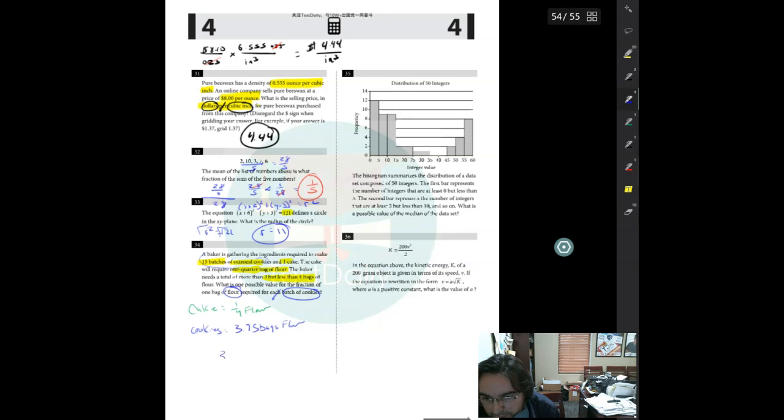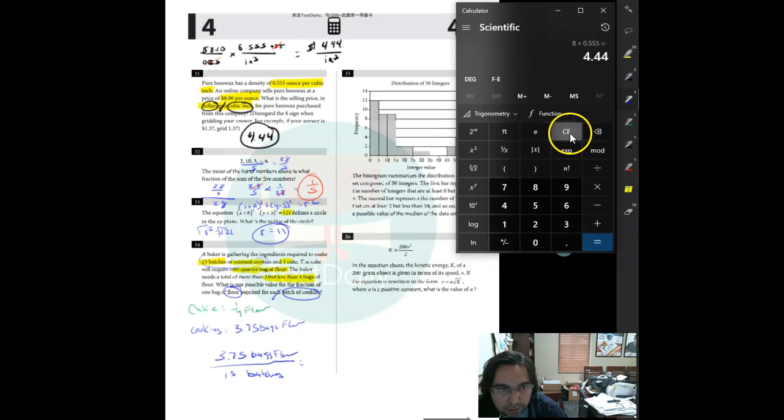So I have 3.75 bags of flour and I have 15 batches. Once I do the math, getting out my calculator, I can see that 3.75 divided by 15 gives me 0.25.